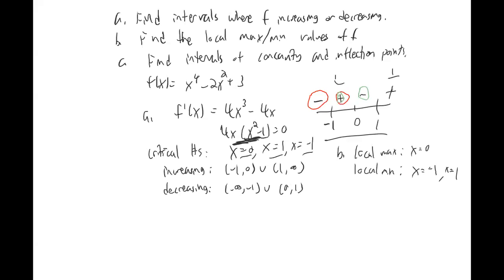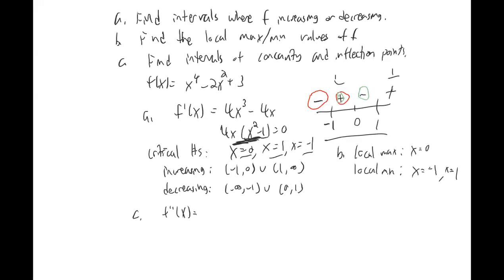All right, so we're pretty much done with two of them. Let's do part C. So how would I find intervals of concavity? Good, it's when the second derivative is positive or negative. So let's find the second derivative.